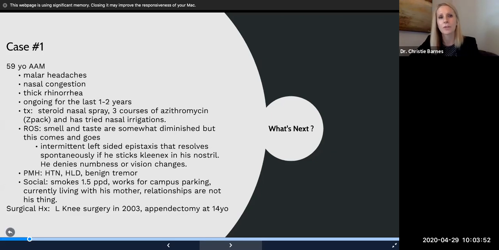He also had thick rhinorrhea, and this was going on for a long time. He had been tried on multiple antibiotics and nasal irrigations, and had other symptoms that pointed to CRS. His smell was diminished as well. He also had some epistaxis, and that was unilateral. So you're thinking, okay, why is it only on one side? And from a social standpoint, it's important to note things like his smoking status, and for a living, sort of environmental exposure.